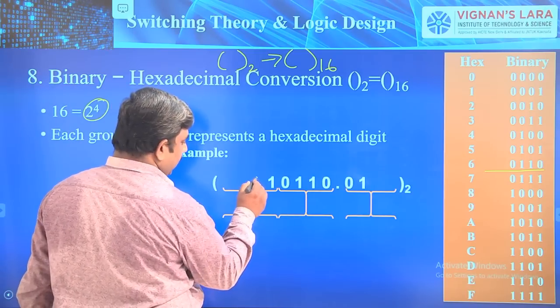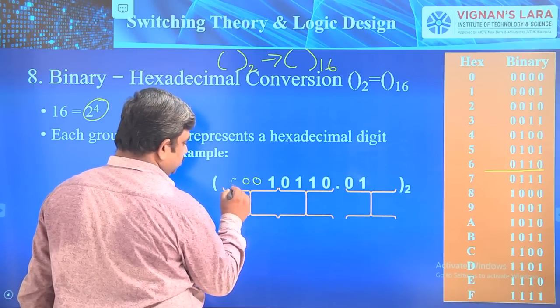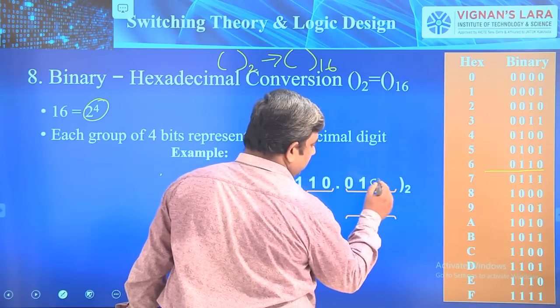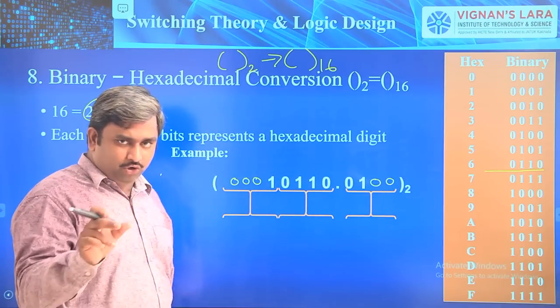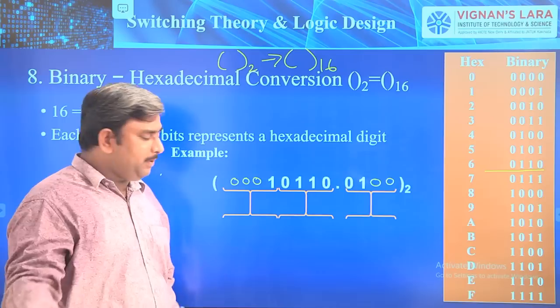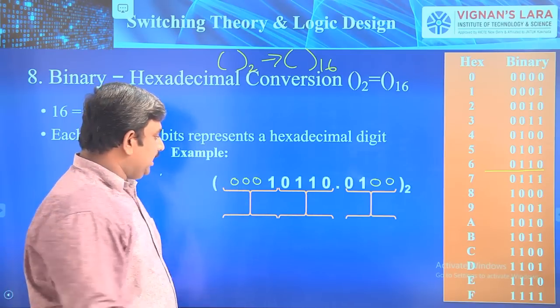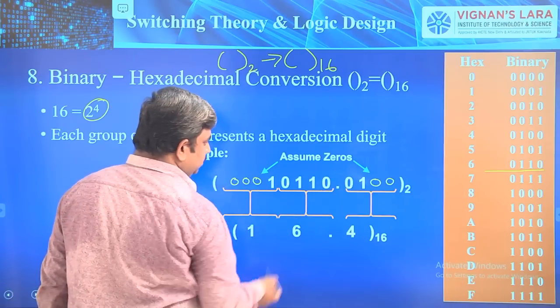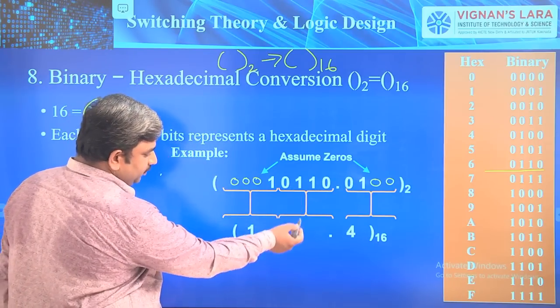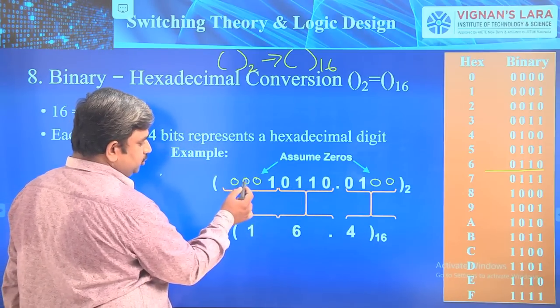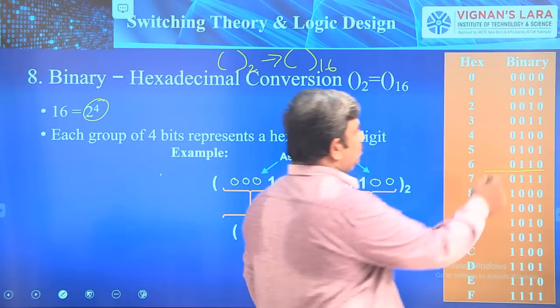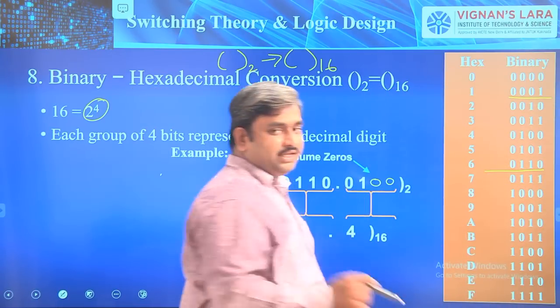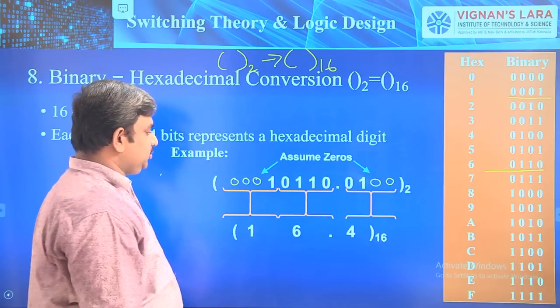See here, I am placing 3 zeros here and 2 zeros, for making 4-bit groups. These 4 groups are representing values. The value of this one is 6. Next, 0 0 0 1: the value of this one is 1 in decimal representation.